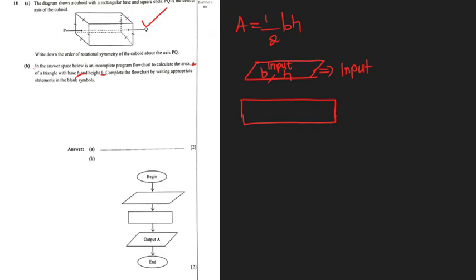Are you going to put equal sign? Does the computer recognize an equal sign? So you say area, and it's done. Now you put a star. So it's area star. This is an arrow.